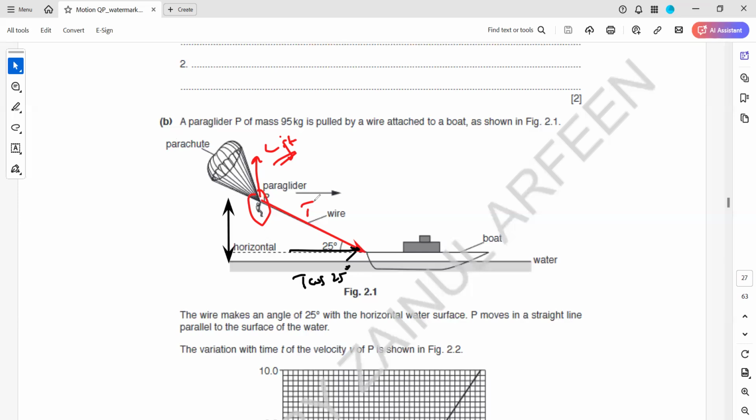If vertically there is no resultant force, the total upward force must equal the total downward force. The tension has a component T sine 25, which is acting downward, and the weight is also acting downward. We want the force of the lift, so because there is no resultant force, the lift will equal T sine 25 plus the weight.